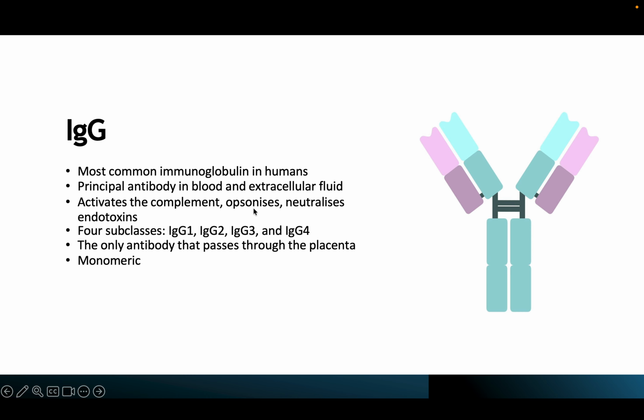Remember, opsonizing is flagging a microorganism that this is dangerous, or neutralizing endotoxins. And IgG, there are 4 different subtypes. There's IgG 1, 2, 3, and 4. I'm not going to go into so much more detail about these, but basically there are different subclasses of them.